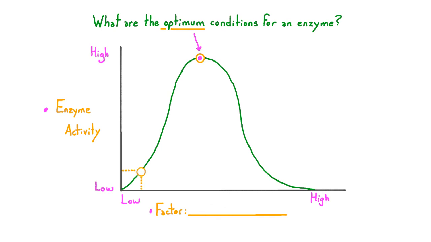If the level of the factor is too low, the enzyme's activity will also be low. And if the level of the factor is too high, the enzyme activity will also be low. But when the level of the factor is just right for the enzyme, it's as busy as it can be, catalyzing one reaction after another. And that's the optimum condition for an enzyme.